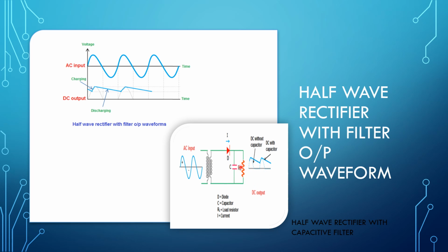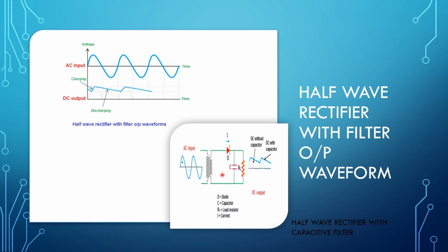During this period, the input voltage is less than the capacitor voltage. Thus, the charge is discharged through the load resistor RL, and this prevents the output load voltage from falling to zero. The capacitor discharges until the input supply voltage is greater than the capacitor voltage.